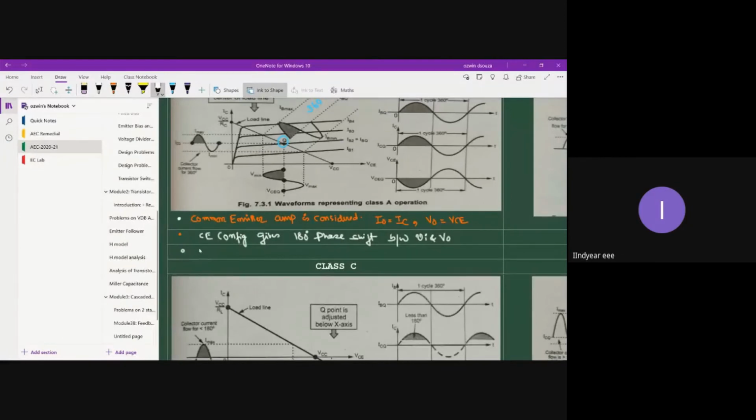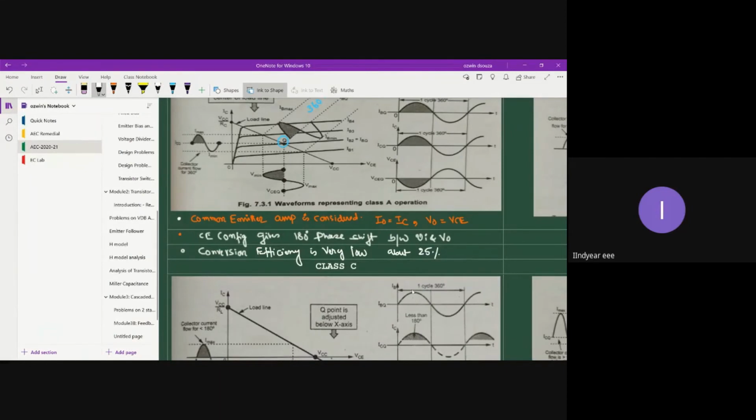So though you are fixing the Q point at the center of the load line, in case of power amplifier, what happens is that conversion efficiency becomes very, very small. It is very low, as low as about 25%.